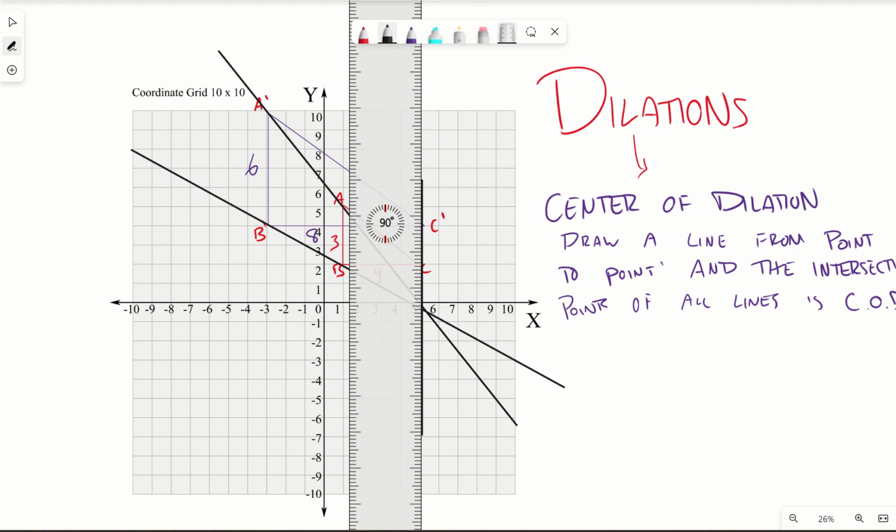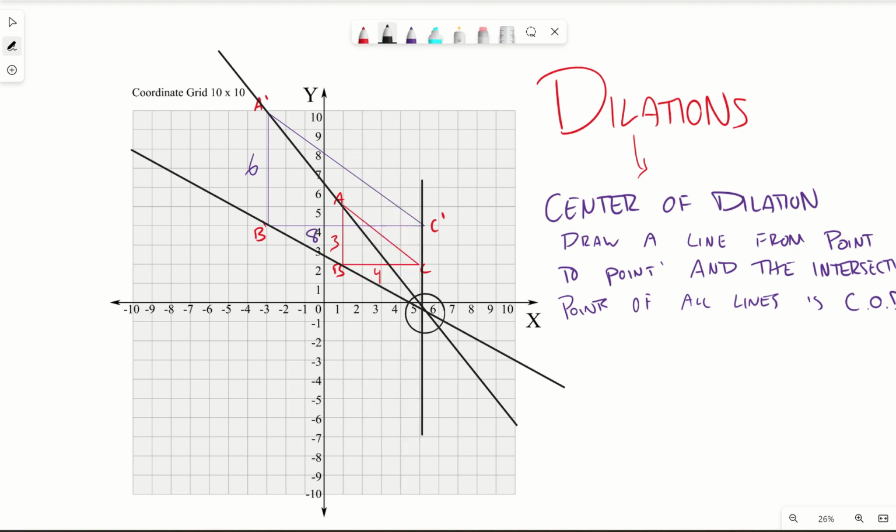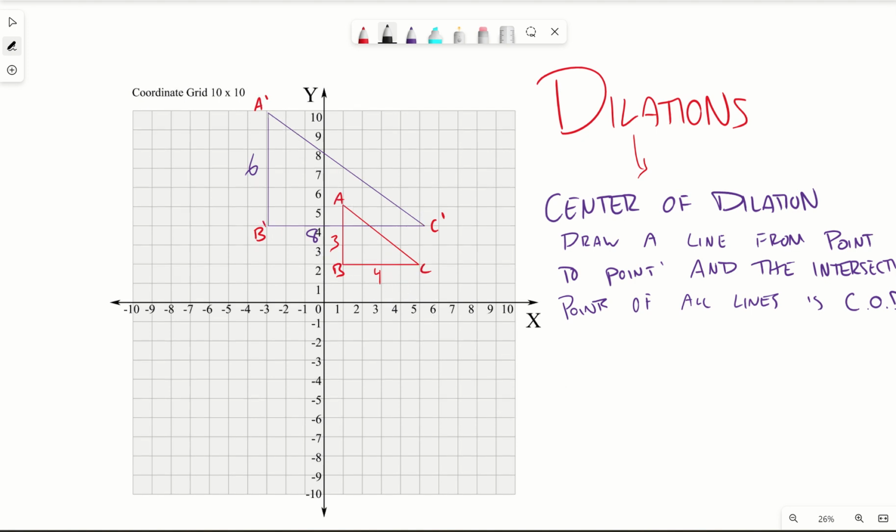And where those three lines meet, this right here would be my center of dilation. That's saying that from this point right here, it's extending out, out, out, and dilating all of my points along that line. You don't really need to care about that a ton, but that exists in case you were curious.